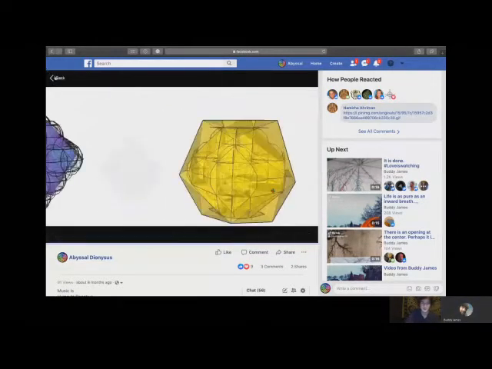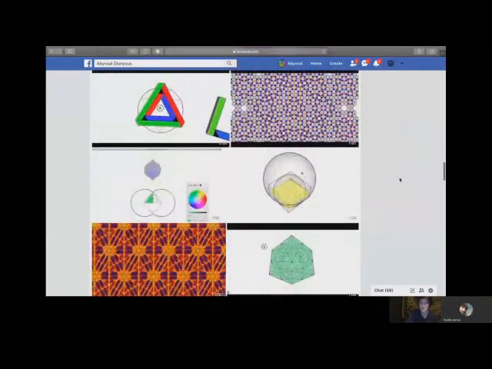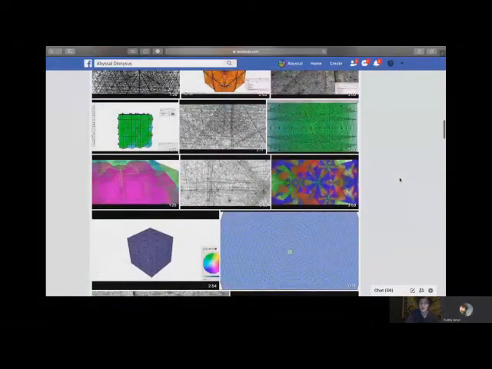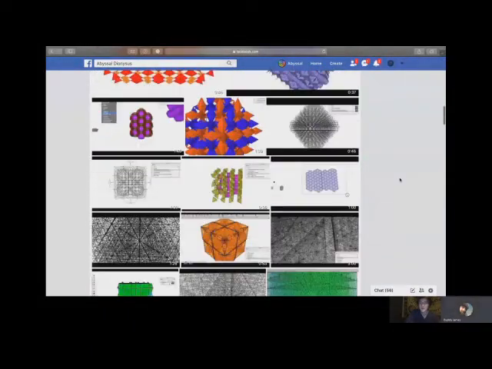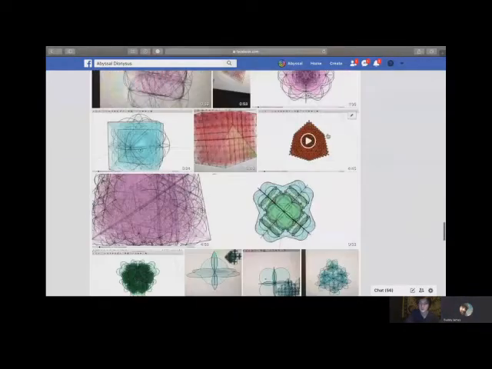And these can be simplified. Actually, I've done a video on the simplification, but they're all within the flower of life, like right about here.